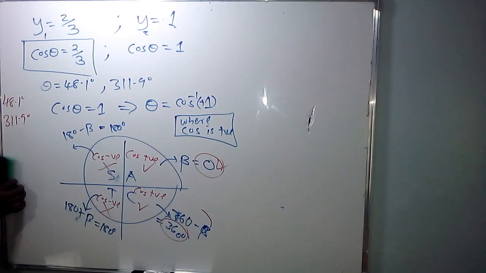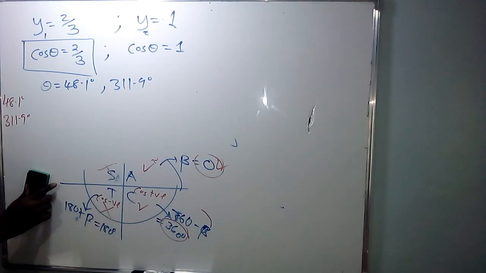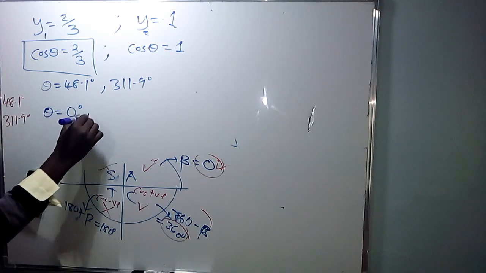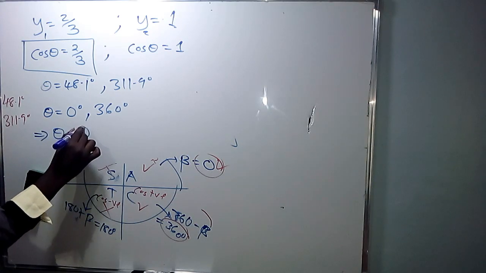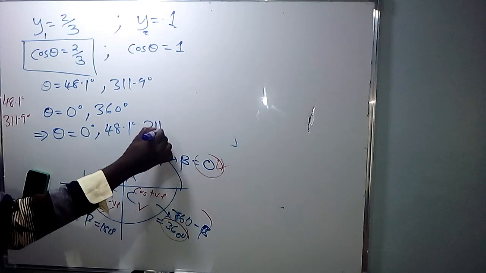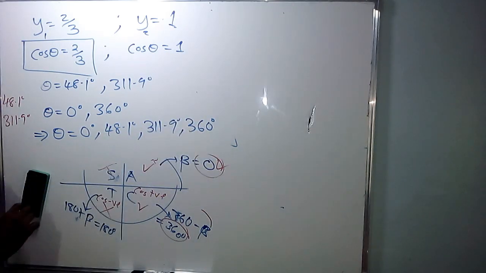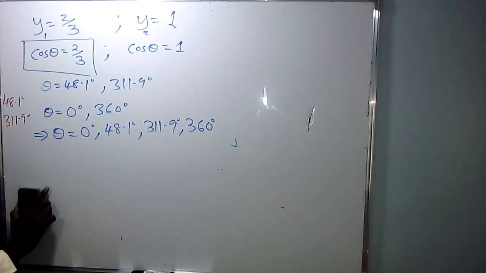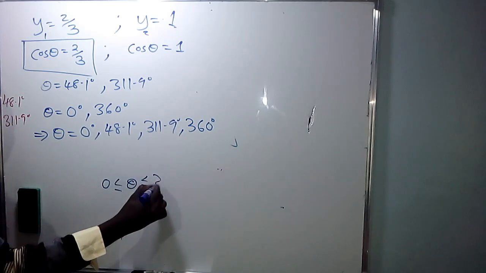So what are the solutions of theta? Arranged ascending: 0 degrees, then 48.1 degrees, followed by 311.9 degrees, then 360 degrees. After you have found all the angles of theta, you look at the range you are told. They say only select the ones between 0 and 360 degrees inclusive.